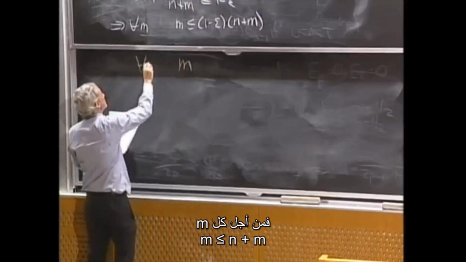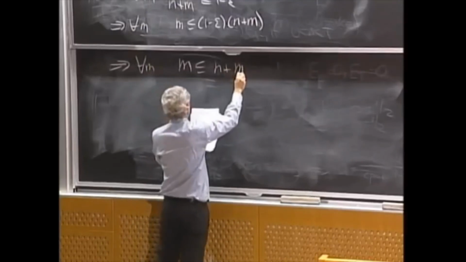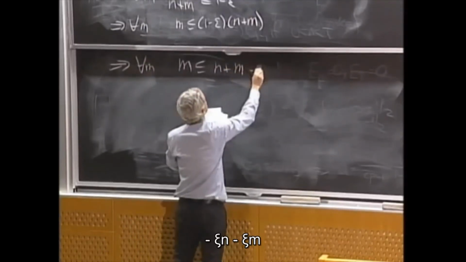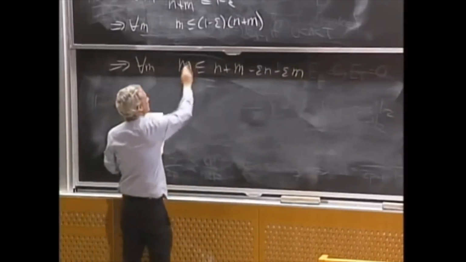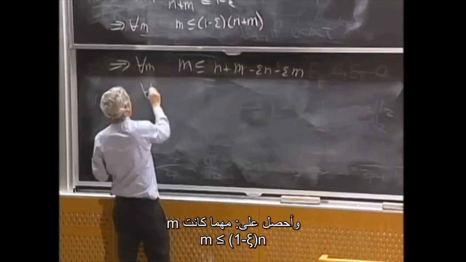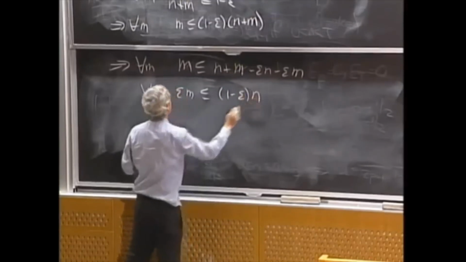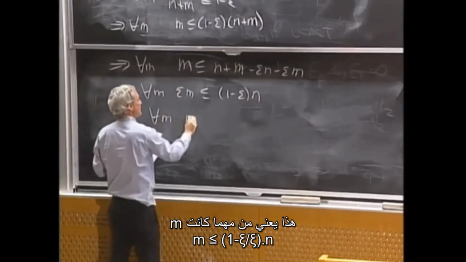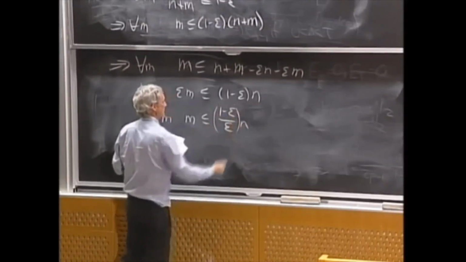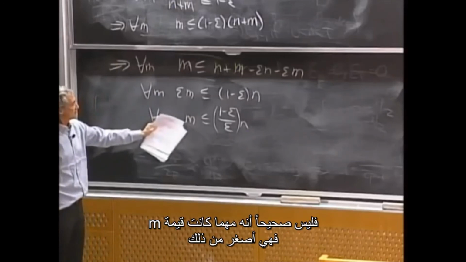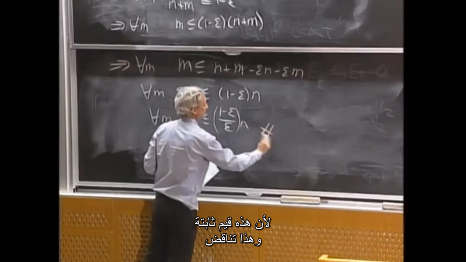So for all m, m is less than or equal to n plus m, minus epsilon n minus epsilon m. And now pull the m terms out here. I get for all m, epsilon m is less than or equal to (1 minus epsilon) n. That means for all m, m is smaller than (1 minus epsilon) over epsilon times n. And that can't be true. It's not true that for all m this is less than that, because these are fixed values. That's a contradiction.